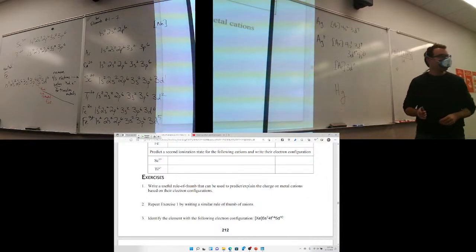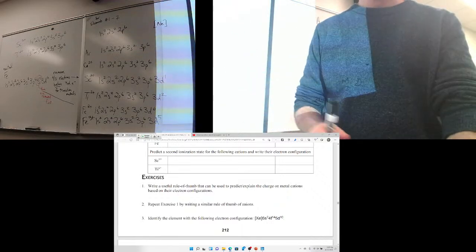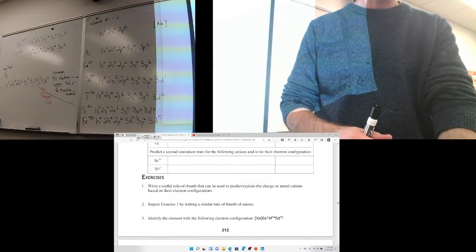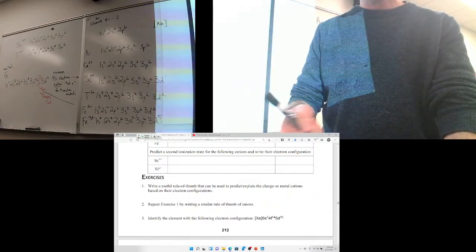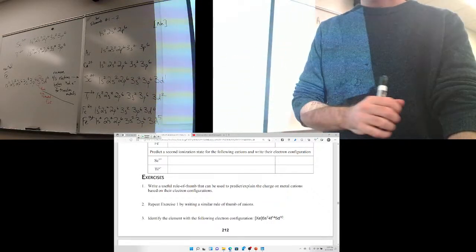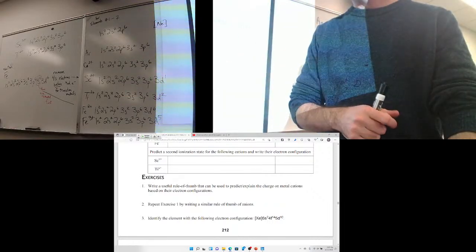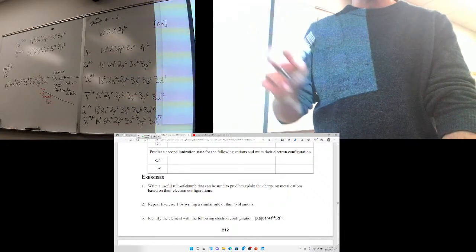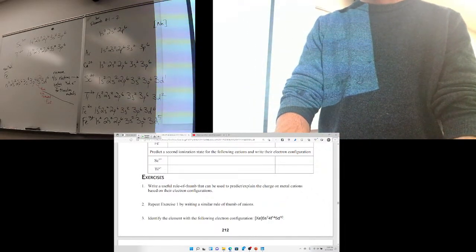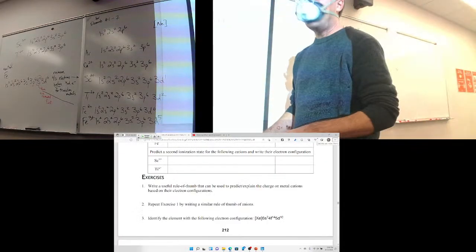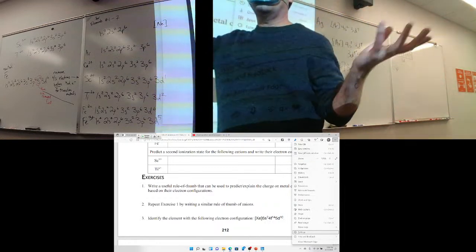Anyway. All right. Questions on the electron configuration of transition metal ions. So we've done electron configurations for neutral atoms. We've done electron configurations for regular ions, like the main group ions. And now we've got these specialized electron configurations for transition metals. Now, if you're worried on an exam, I'm not really interested in quizzing you on speculative stuff.